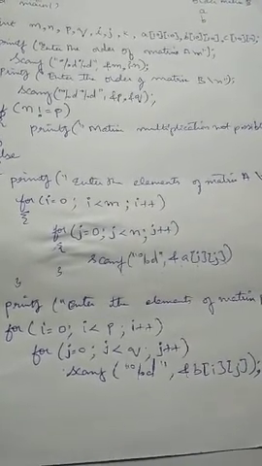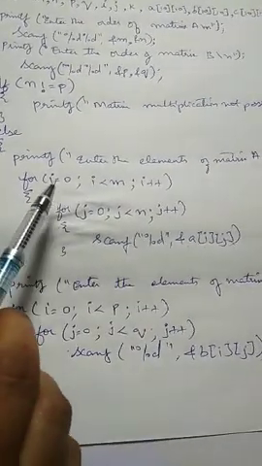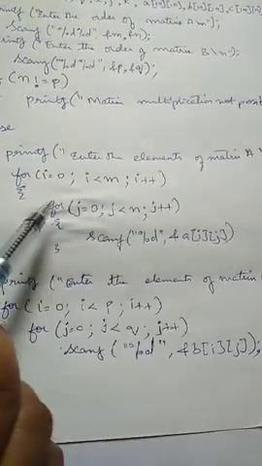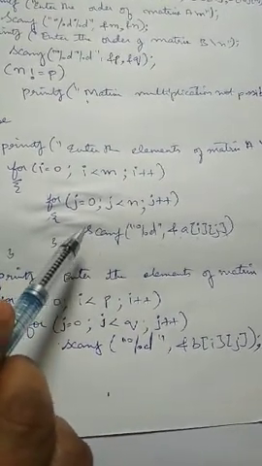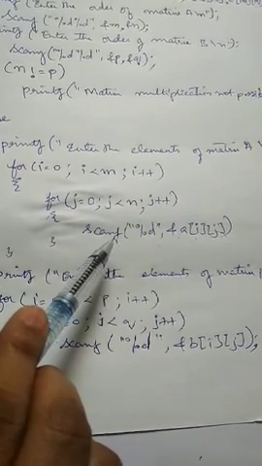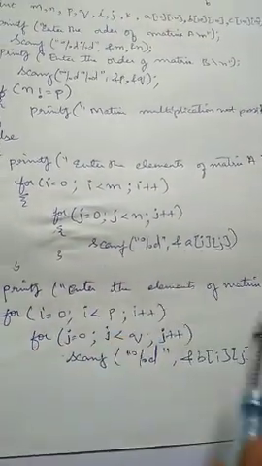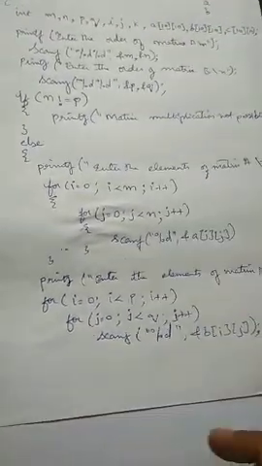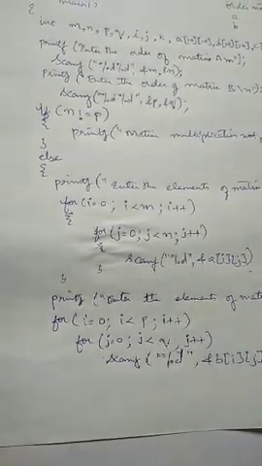If you want to print again what is there in matrix A and matrix B, you can do it by using again two for loops, and instead of scanf you have to write printf. If we just give printf instead of scanf, you can print the elements of matrix A and matrix B.